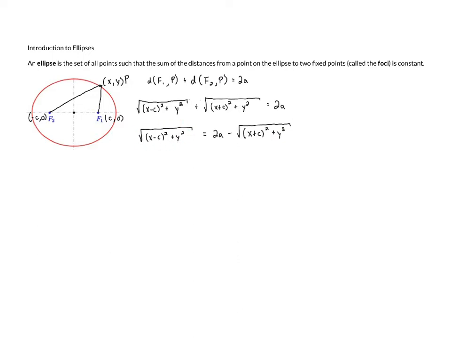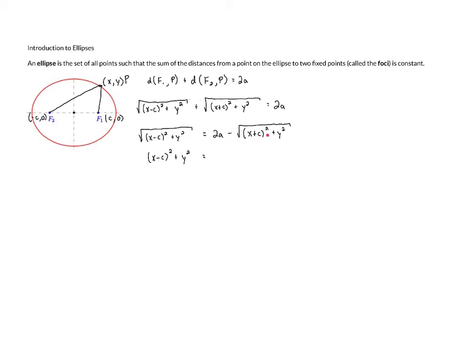Now when we square the left-hand side, squaring a square root gets rid of it. So we've got x minus c squared plus y squared on the left. But on the right, we're not actually going to get rid of this square root in its entirety by squaring it. And the reason is because we've got a subtraction here.